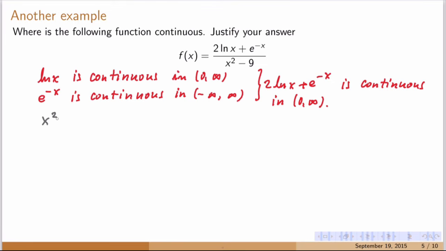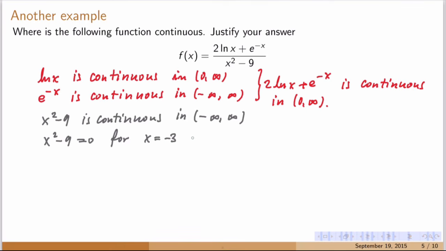So x squared minus 9 is continuous in the whole domain from minus to plus infinity. However, it can be 0 and it's in the denominator. So x squared minus 9 is 0 for x equal to minus 3 and x equal to plus 3. Now the case of x equal to minus 3 does not arise.